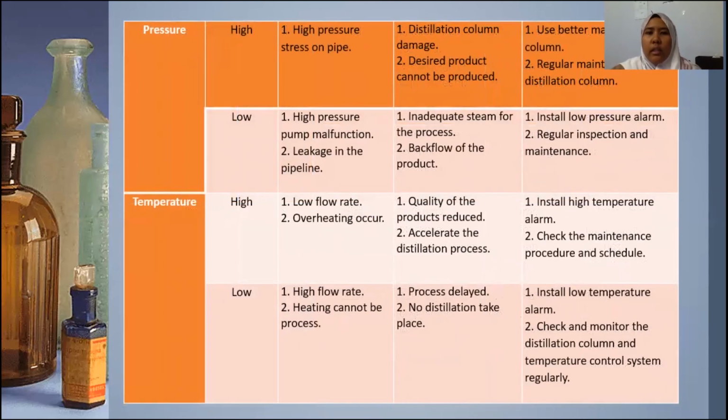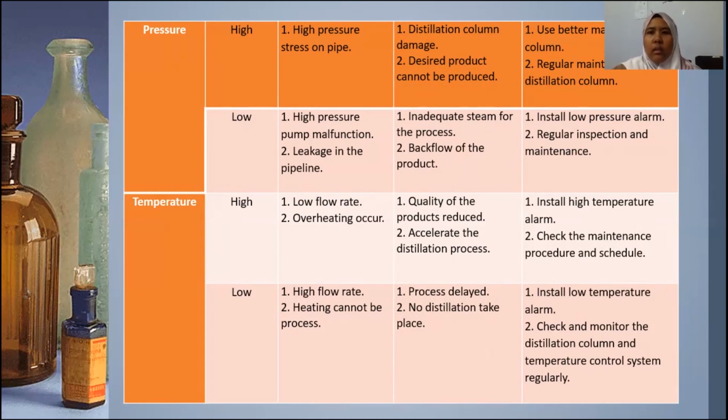So for the distillation column, on the process parameter pressure, for high pressure, the causes can be high pressure stress on the pipe. So the consequences can be the distillation column might be damaged, and the desired product cannot be produced.